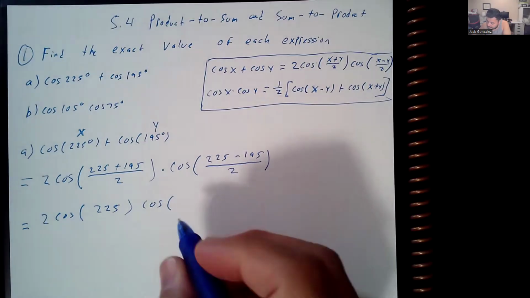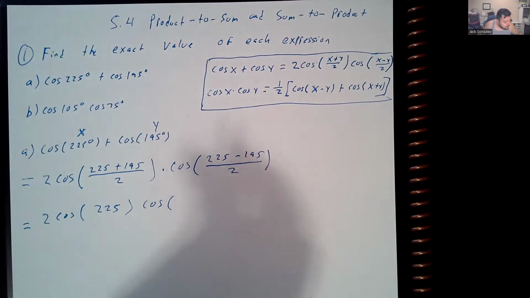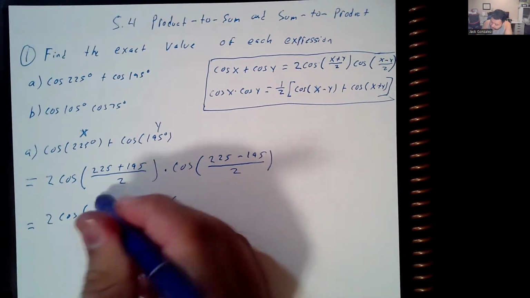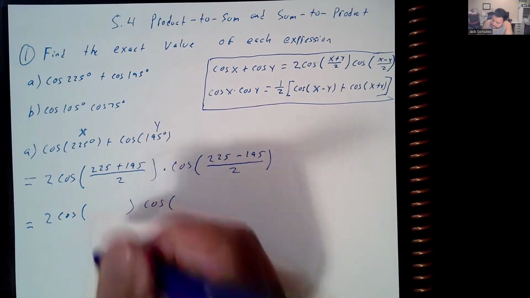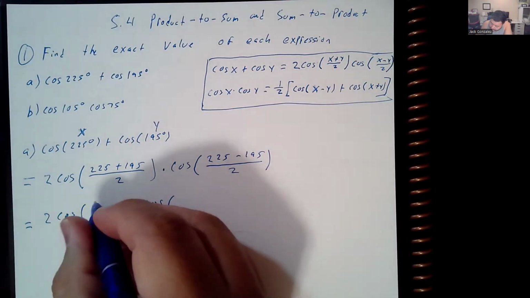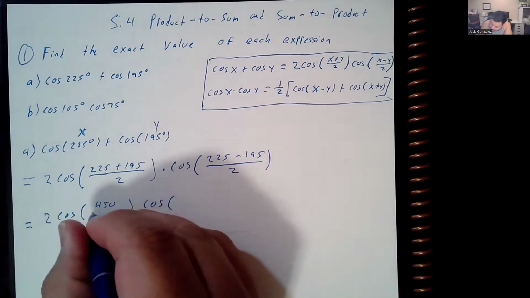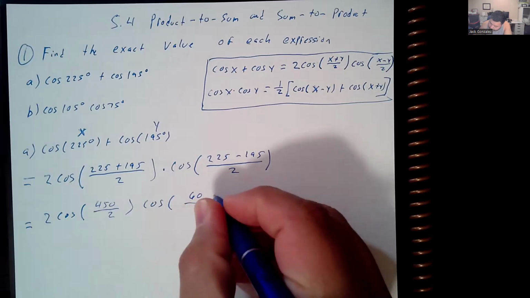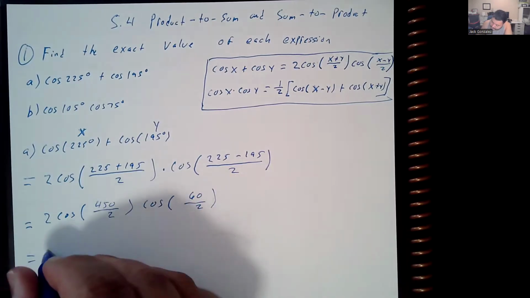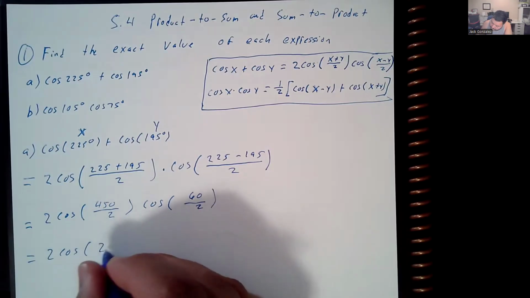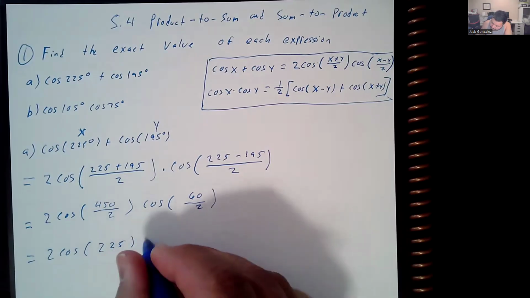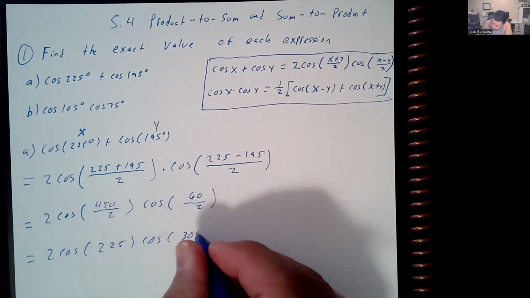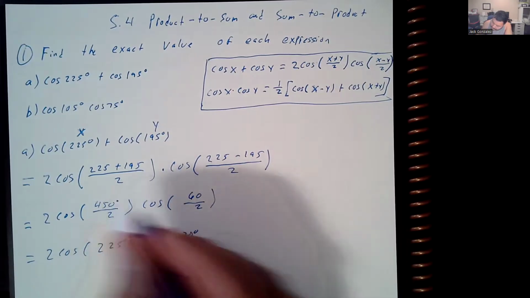That's why. Let me show a little bit more work. That makes more sense. This will be 450. This will be 60, which will give us what we had earlier. All in degrees.